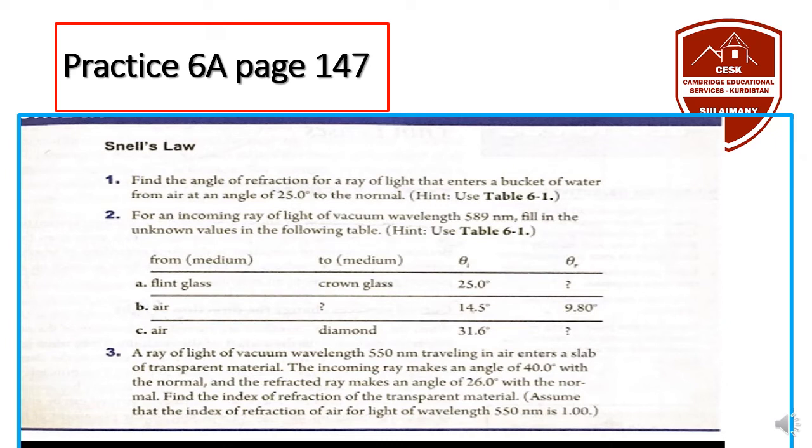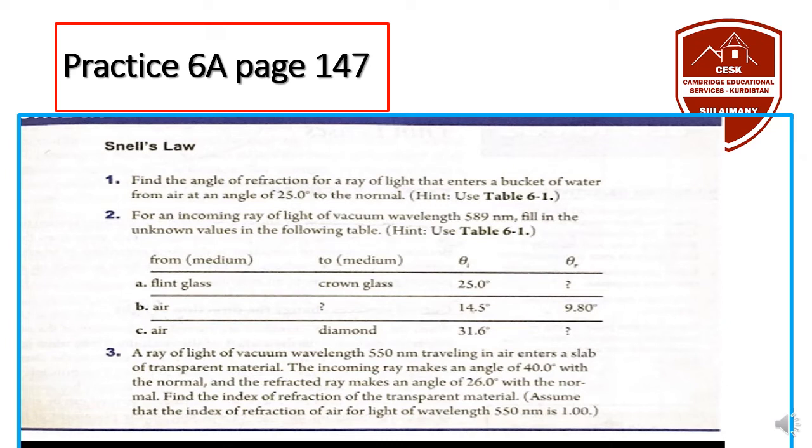The incoming ray makes an angle 40, so here, of course, you have theta 1 equal 40 with the normal, and the refracted ray makes an angle of 26. So theta 1 and theta 2 are given with the normal. Find the index of refraction.